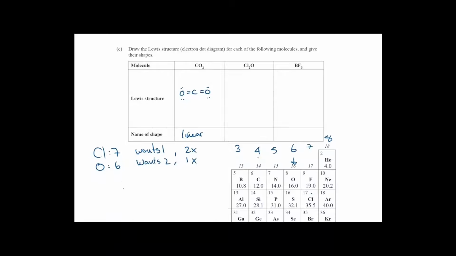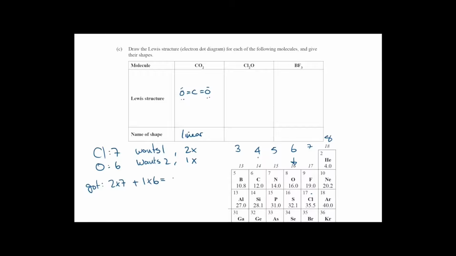So let's look at what we've got. How many electrons have we got, and how many do we want? So we've got 2 times 7 plus 1 times 6.